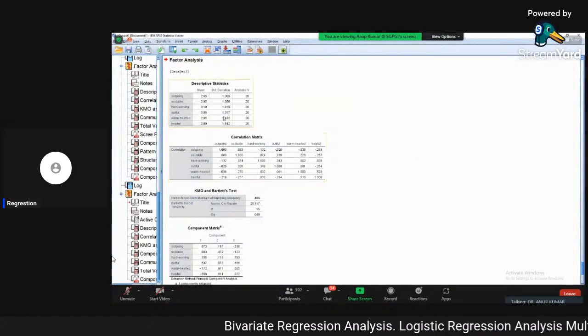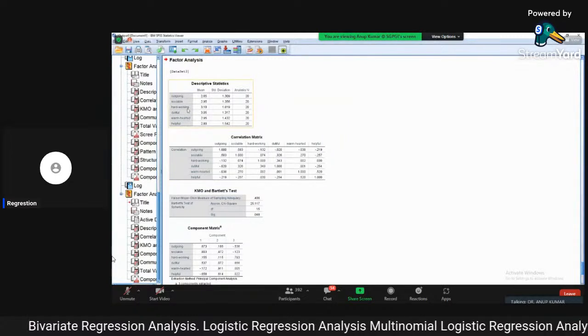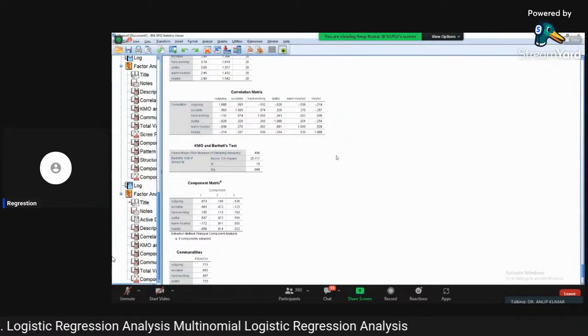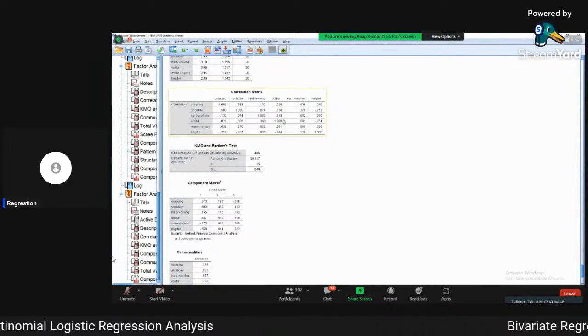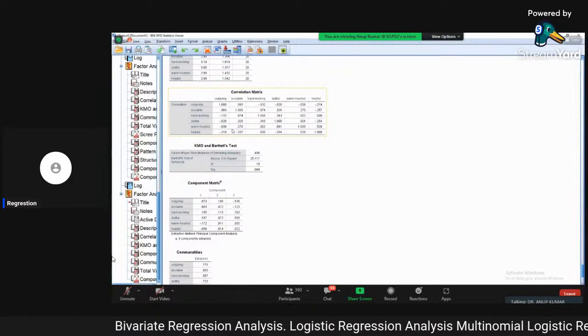So for this data set, this is the mean of these variables which are under consideration. You can see that in the correlation matrix, some of them are 0.583, less than 0.3, and many of them are less than 0.3.